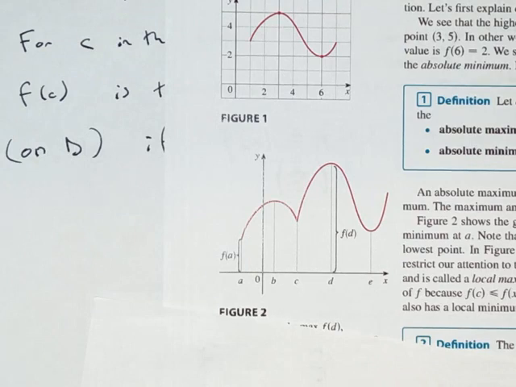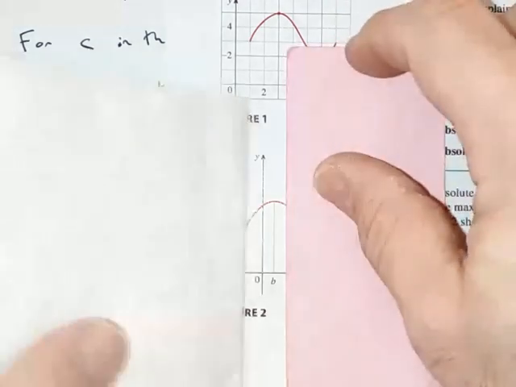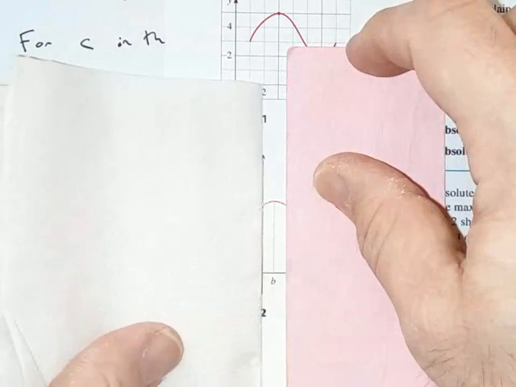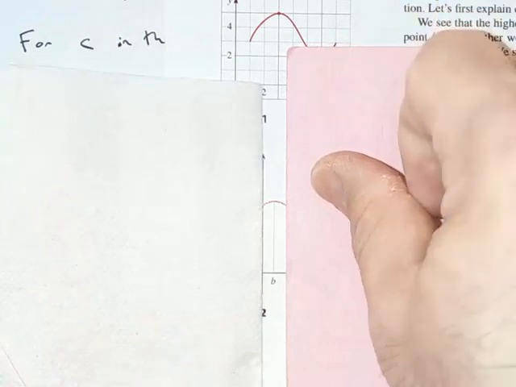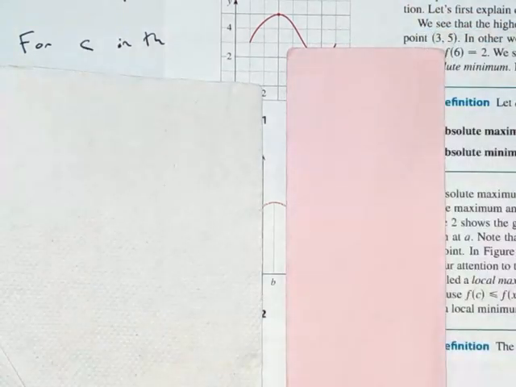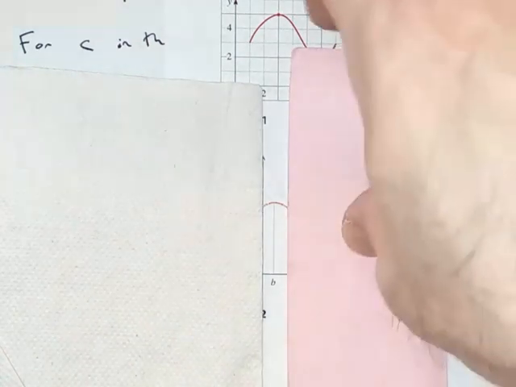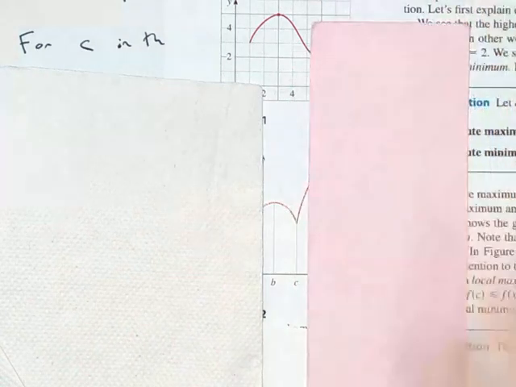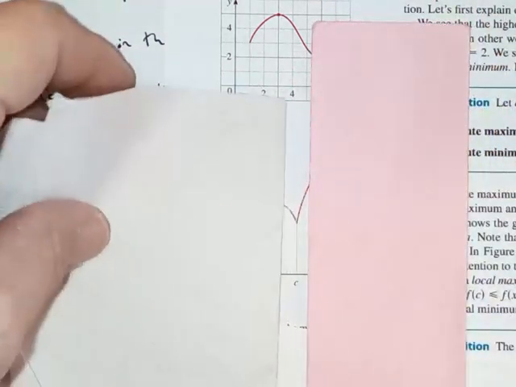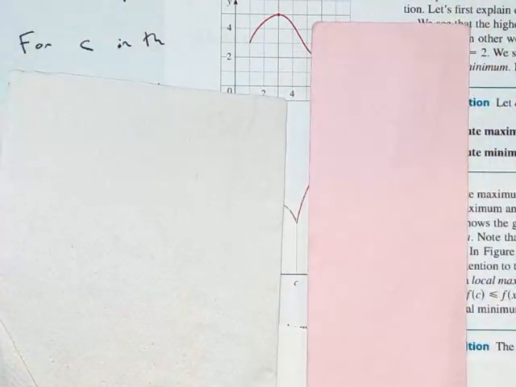But if I were to restrict my field of vision and only look at x's close to b, isn't that the highest spot? Not overall, but in some little neighborhood? Same thing with c. If I restrict my field of vision to just looking around c, that's the lowest point in that little neighborhood.